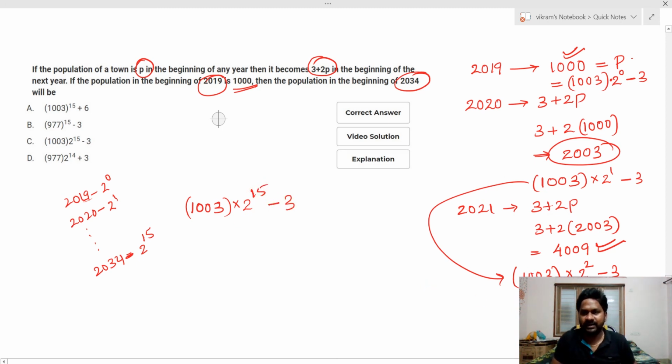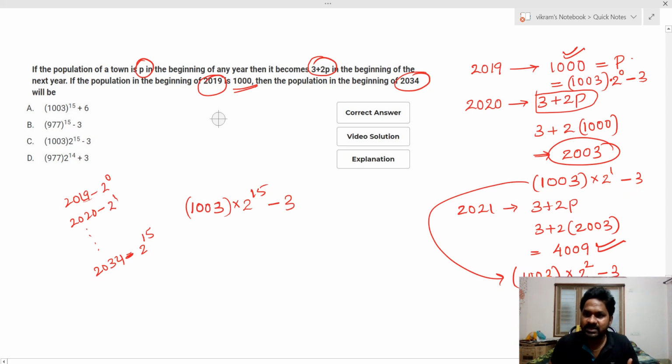Look at the generalization we are doing with respect to the options. At the initial stage it is 1003 into 2 power 0 minus 3, giving 1000. The next year is 3 plus 2p, that means 2003, which generalizes to 1003 into 2 power 1 minus 3.